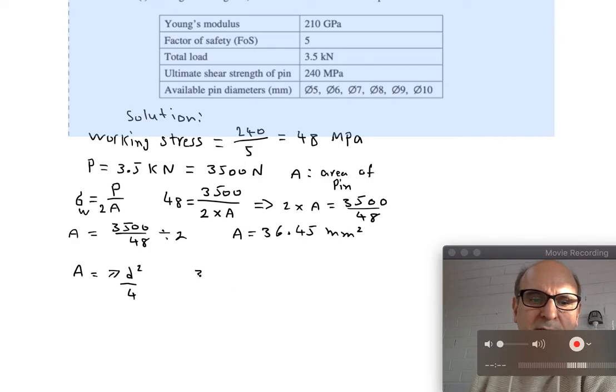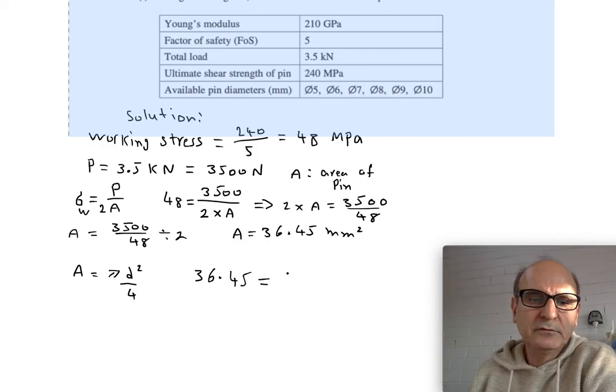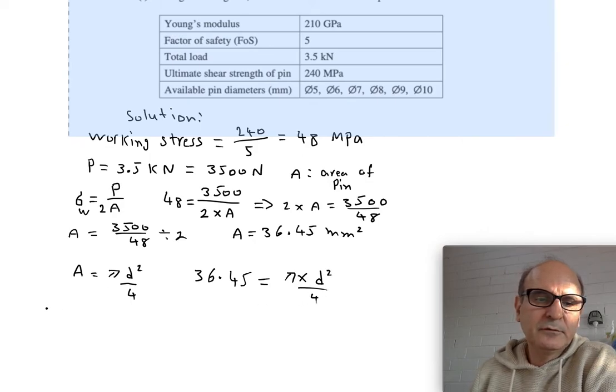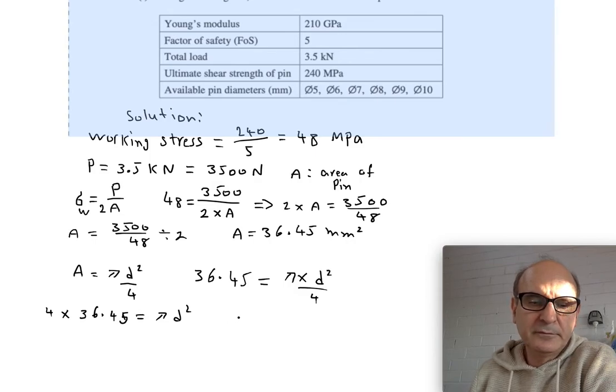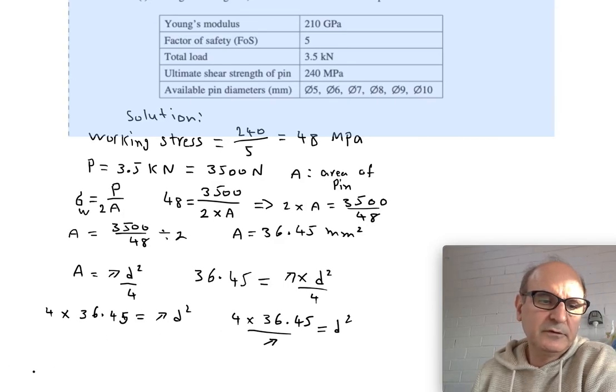So your area is that much, just sub in, and you get 36.45 equal to pi times d squared on 4, and times both sides by 4, you get 4 times 36.45 equal to pi d squared. Divide both sides by pi, you get 4 times 36.45 divided by pi is equal to d squared, and then you square root that to get to the value of d.